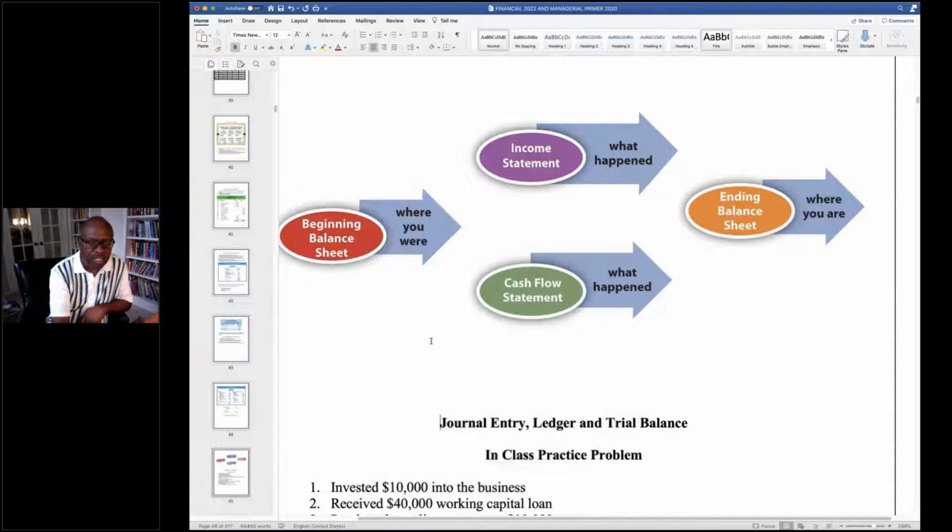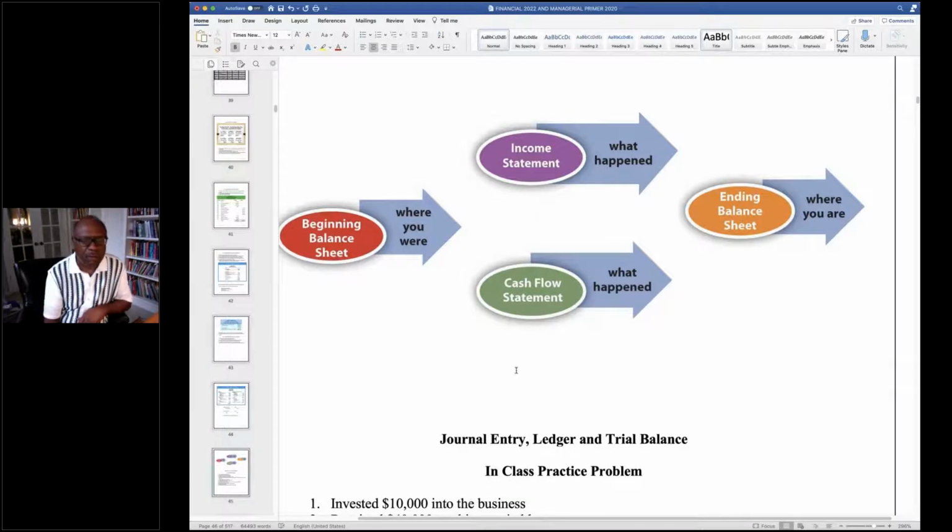What else should we have in here? The retained earnings account. Yeah, they left it out, but we should have it in here.